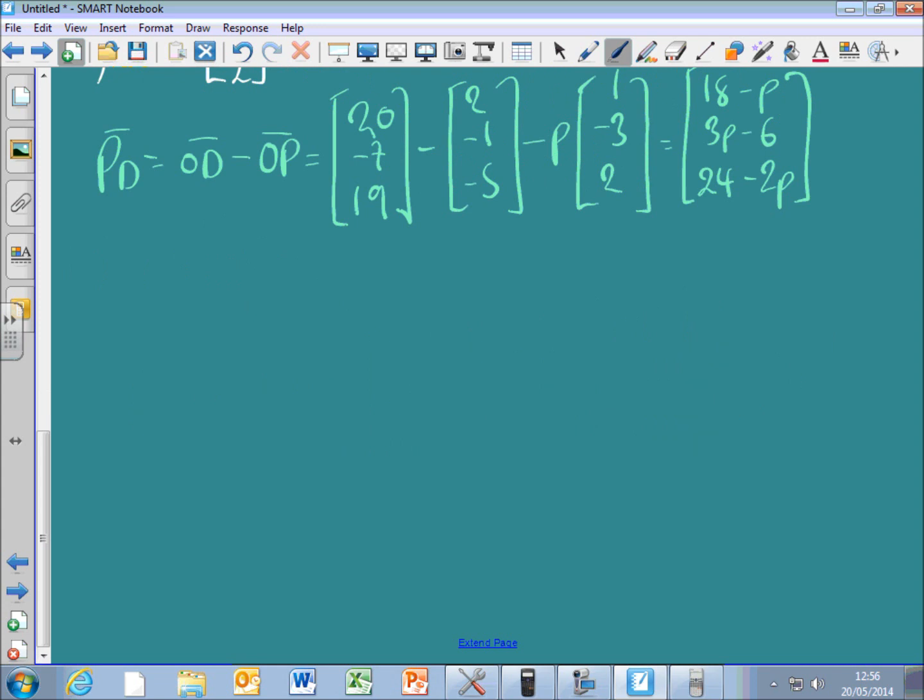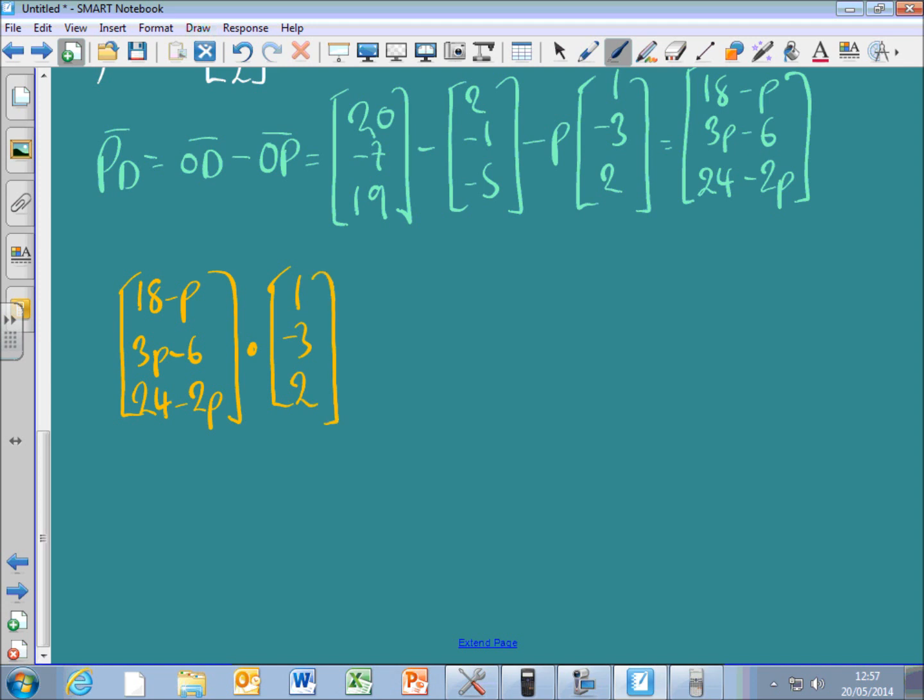Okay, so what I want to do is dot P to D, which is this, with the directional component from the line, and that should be 0. So let's just dot it, so it's going to be 1 times (18 minus P), and then minus 3 times (3P minus 6), and then plus 2 lots of (24 minus 2P), and all of this should equal 0.